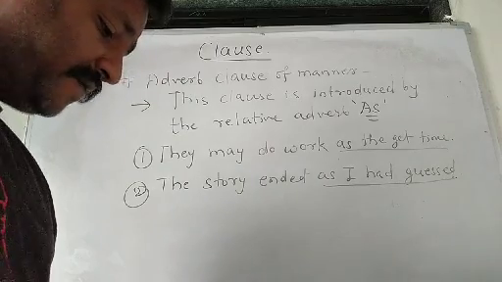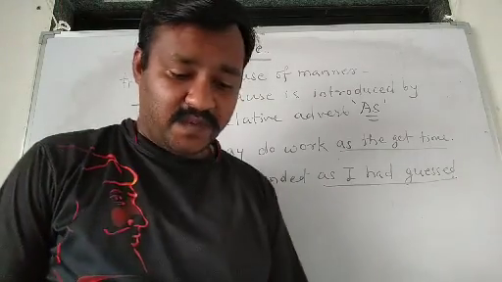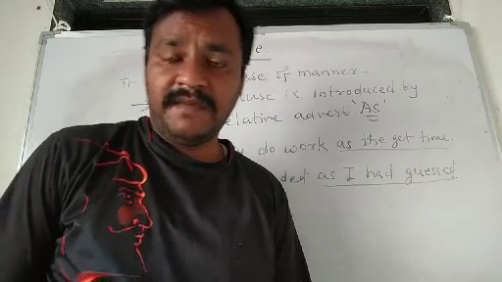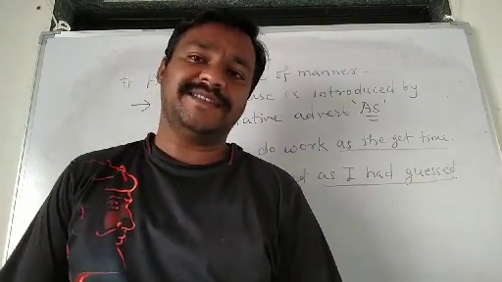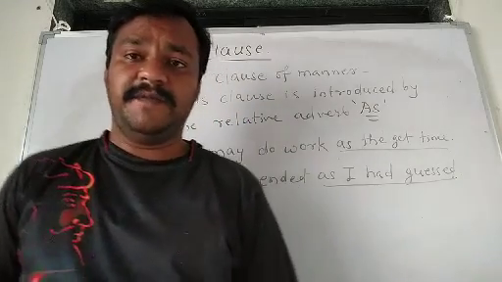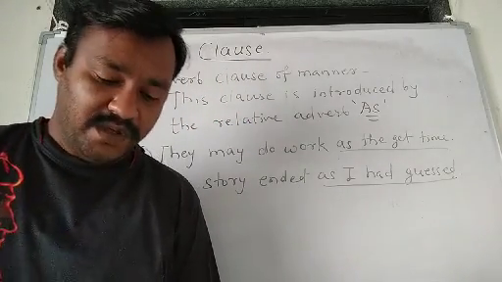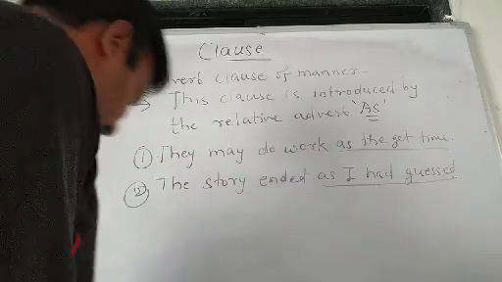The children worked as the slaves worked in the olden times. Means child labors, we know very well. Now there is an act in our country, but before some years, so we could say that, let me write down that example.